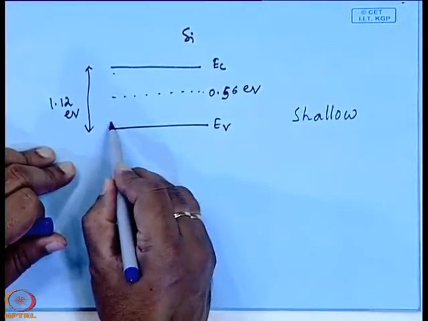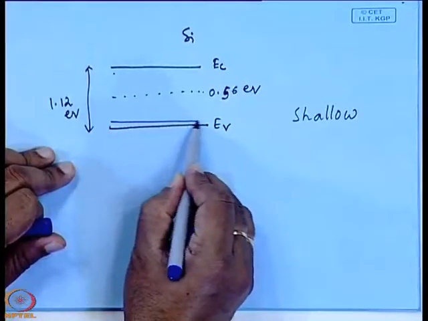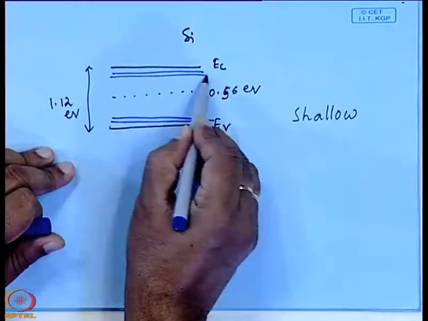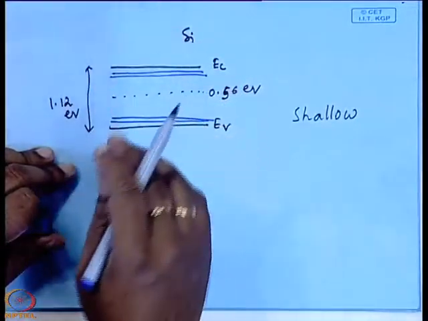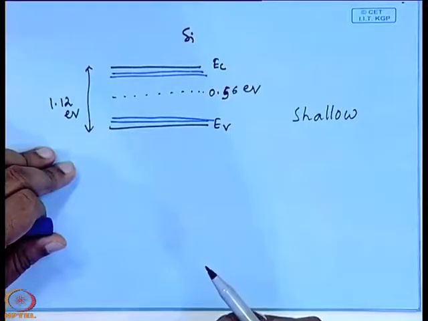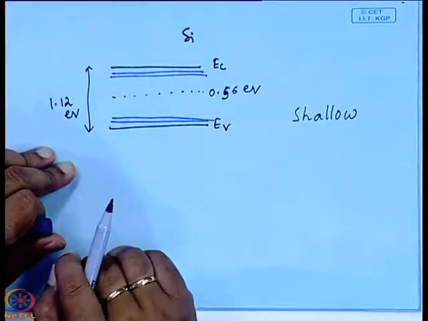Okay. So, that is why they are shallow in nature. That means these levels are the shallow levels very near to the conduction band or valence band. That is why they are shallow.